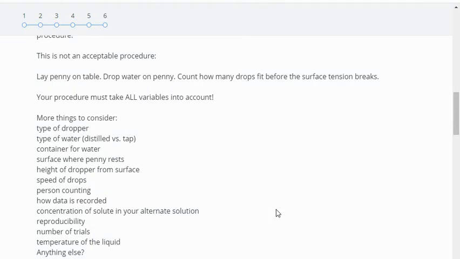Okay, how high you're holding the dropper above the penny. Is that going to make an effect? How fast you're dropping. Are you using the same person each time doing the dropping? How are you recording your data? How much solute are you putting in your solution? Is it reproducible, what you come up with? Can you do it over and over again? How many trials do you need? What temperature is the liquid at?